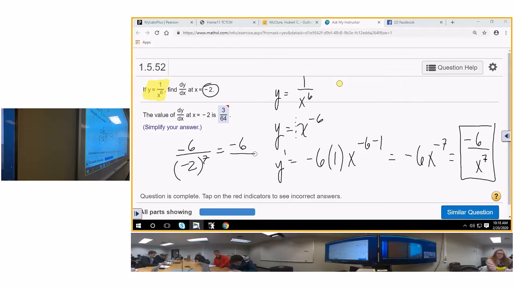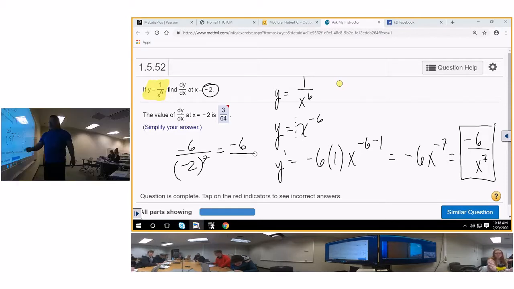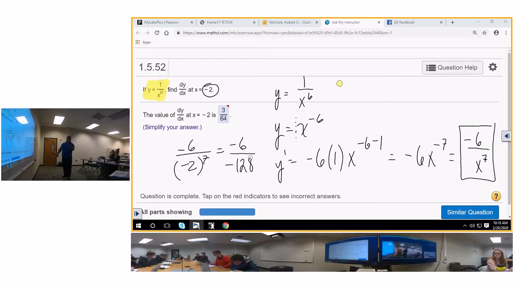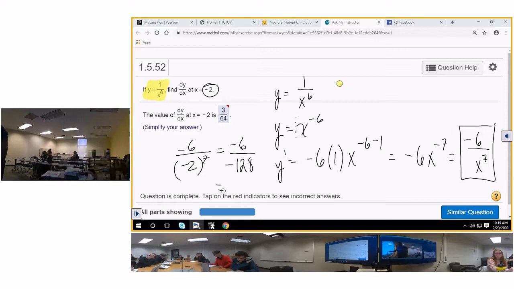To the 5th power is 32, 64, 128. So somebody check me, I think 2 to the 7th power is -128, but somebody check me. It is. Of course it is. Anyway, what's a negative divided by a negative? Positive. So that's equal to 6 over 128, and divide by 2, 3 over 64, and you feel good about yourself.